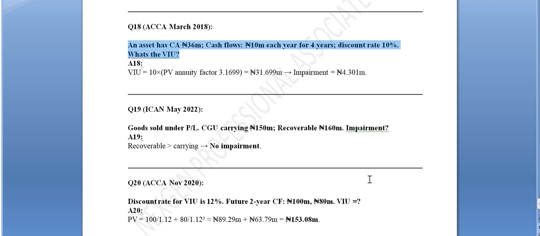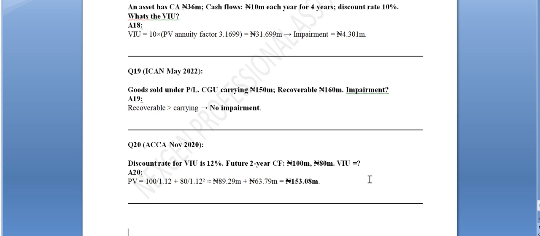Is it something that is difficult? No, it's not difficult. It's just about getting the formula right. Okay.